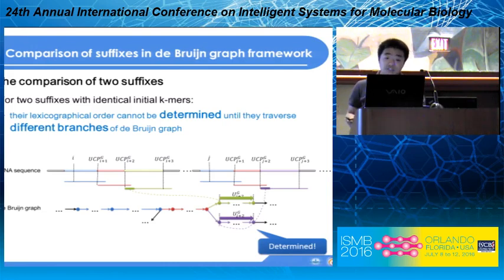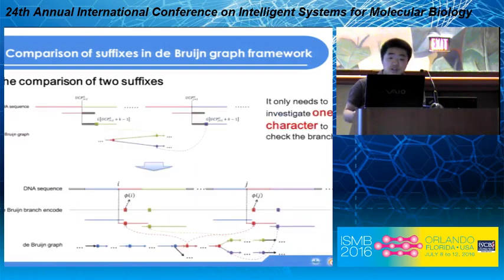And now we found that the order of two suffixes with the same initial k-mers can be determined by comparing the unipaths recorded in their unipath representations. However, we still need a fast way to do the comparison. Considering the definition of the unipath, it's easy to find that from the same end vertex of the unipath, it only needs to investigate one character to check whether two suffixes go to different branches.